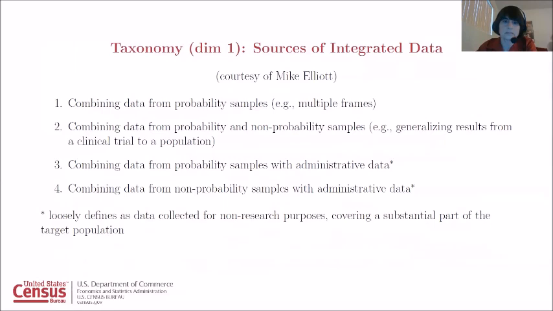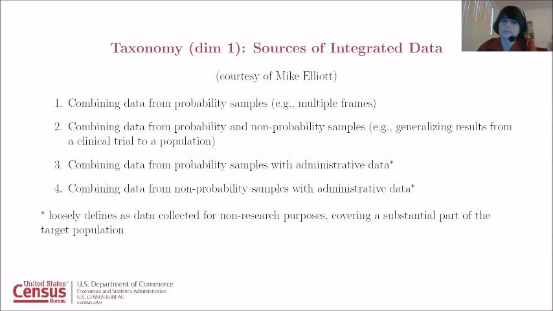One is if you're combining data from multiple probability samples, for example, multiple frames in a survey. That's been around for a long time. Or you could be combining data from a probability sample and a non-probability sample, for example, generalizing results from a clinical trial, which is not representative but randomized, to a well-defined population.